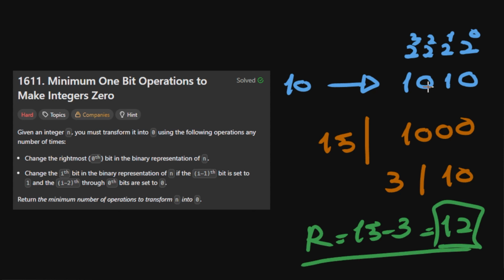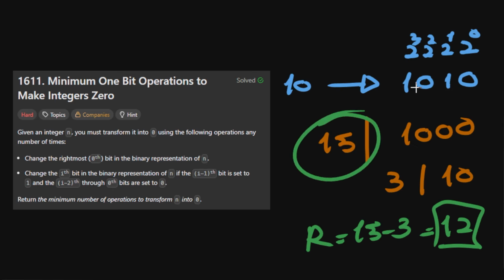So the result for this number is 12. And this makes sense because if we only had one set bit here, we would need 15 operations, but given that we have another set bit, we need less operations. Now, how many operations do we need to subtract from here? Well, the corresponding operations for 2 to the power of 1, okay? So that's why we subtract this.